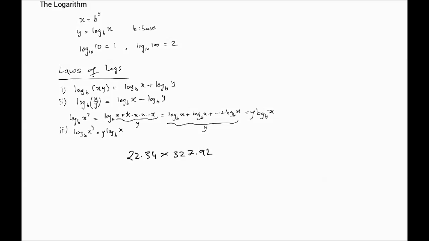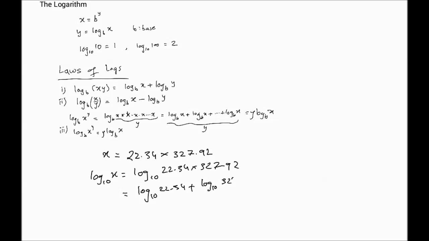Let x equal this, and let's take the log to the base 10 of both sides: log base 10 of 22.34 times 327.92. According to the law of logs, that becomes log to the base 10 of 22.34 plus log to the base 10 of 327.92. Further, it can be reduced.